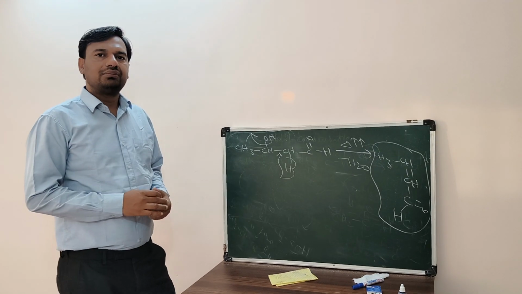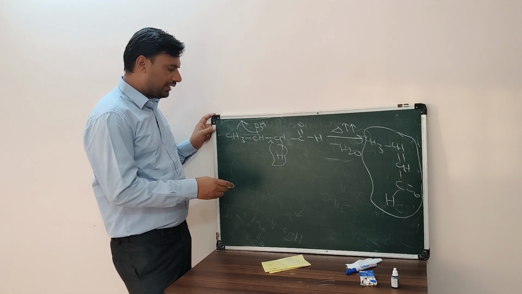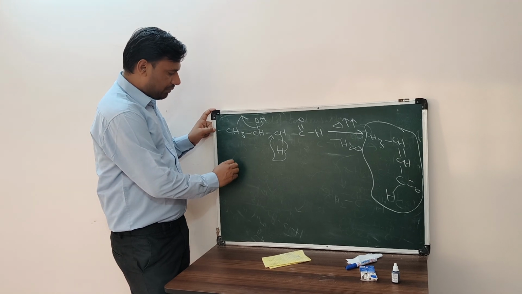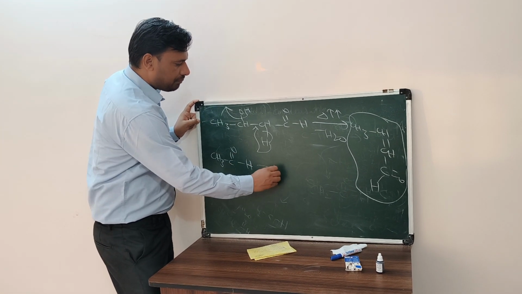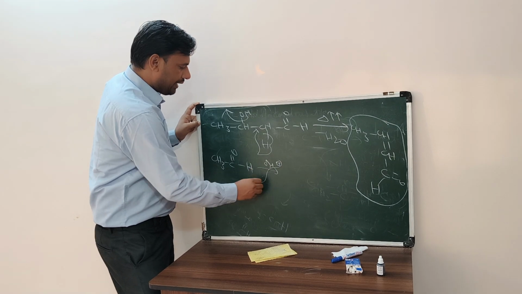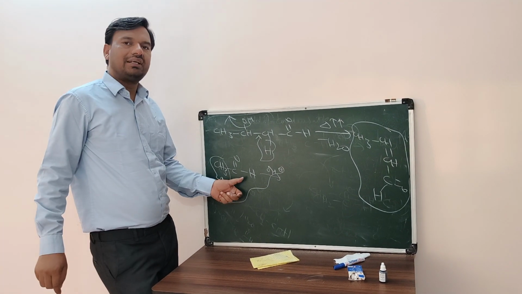This is the simple aldol condensation reaction occurring between two aldehyde molecules. We made this CH3C double bond OH in presence of basic medium as a nucleophile by releasing this H plus from this aldehyde.